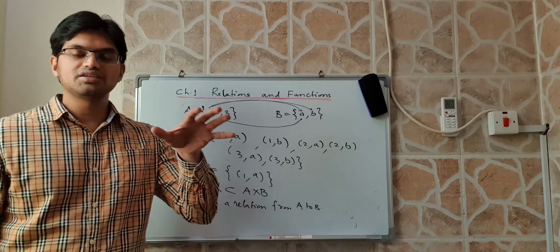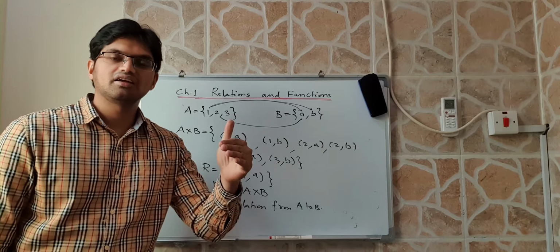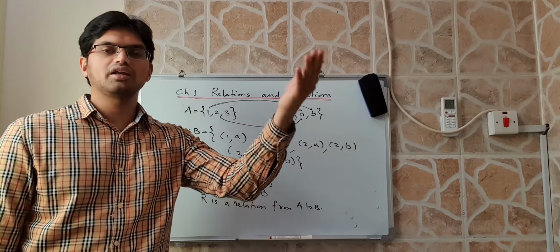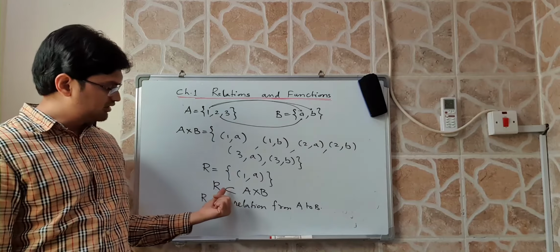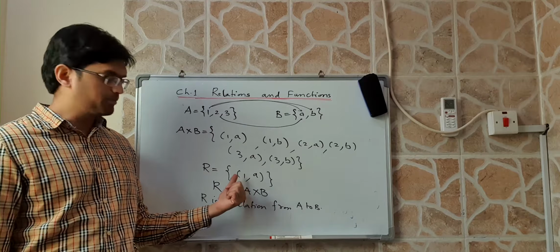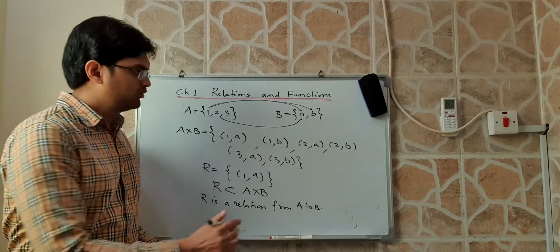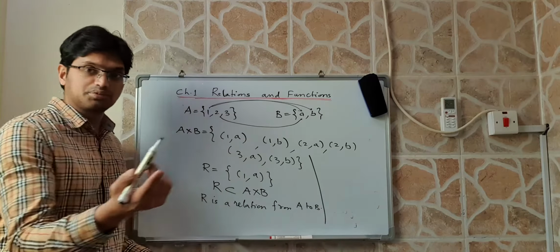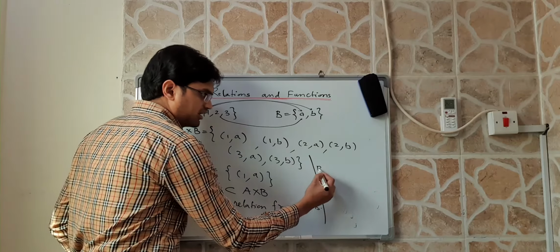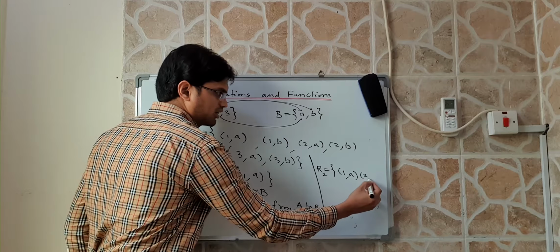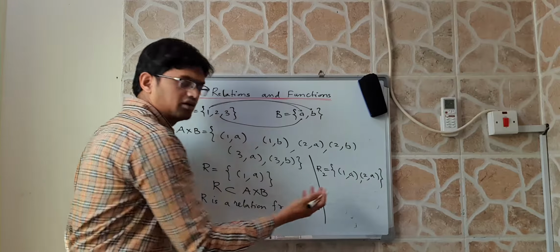So now let me tell you the definition of relation. A relation from set A to set B is a subset of the Cartesian product A cross B. See here, R is a subset, a part of A cross B, therefore R is a relation. Similarly, you can take other subsets also. I can take R2, which is (2, a).